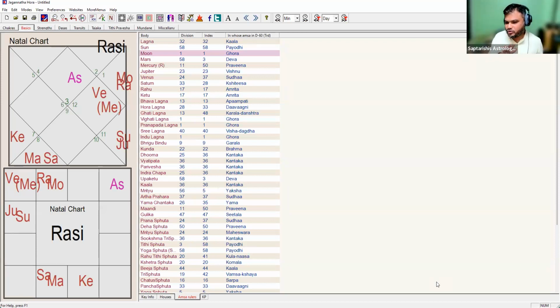We usually call Lagna the body. Yes sir, the body is afflicted. Lagna is the body, but they say Moon is the body, and Lagna is what we call the projection, or Lagna is something, how to say it, chitta or intelligence.